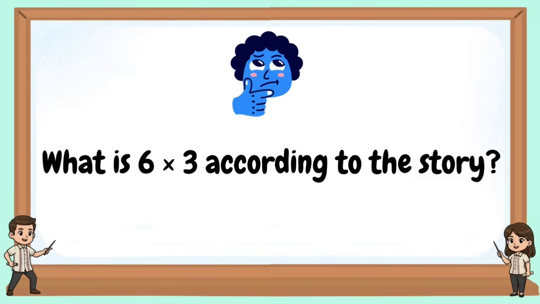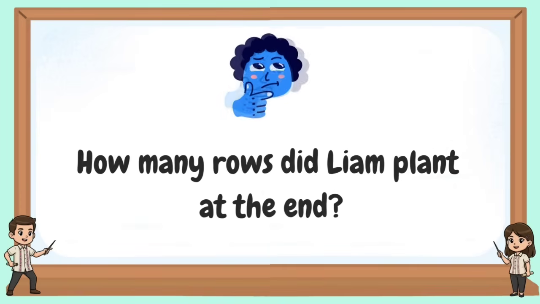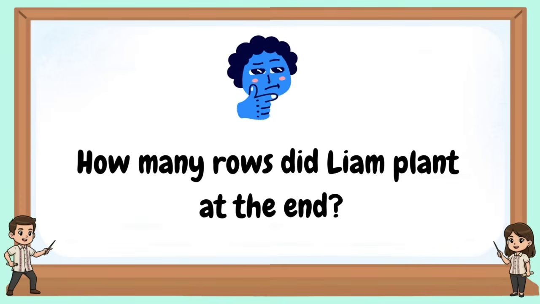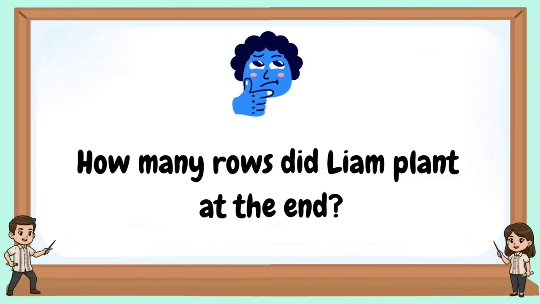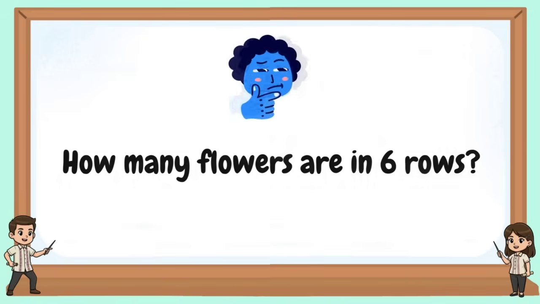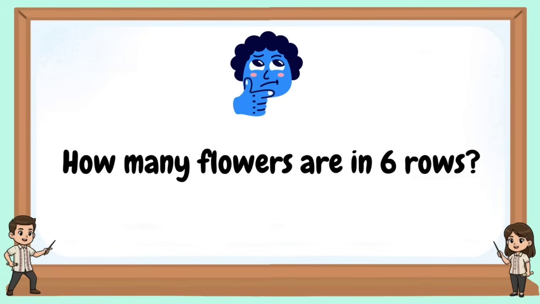What is 6 times 3 according to the story? How many rows did Liam plant at the end? How many flowers are in 6 rows?